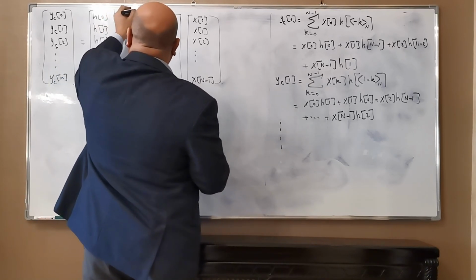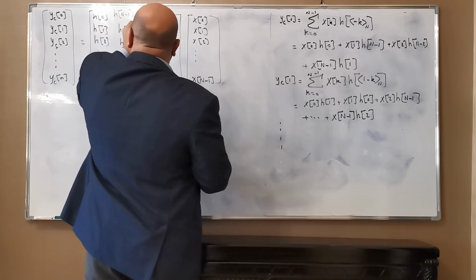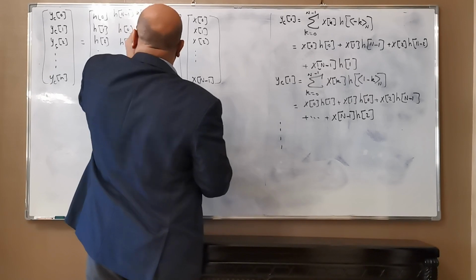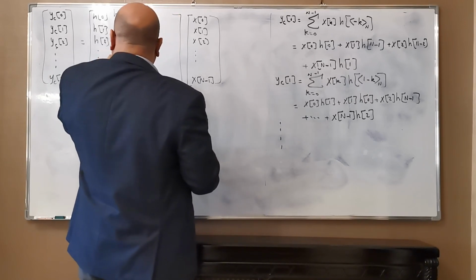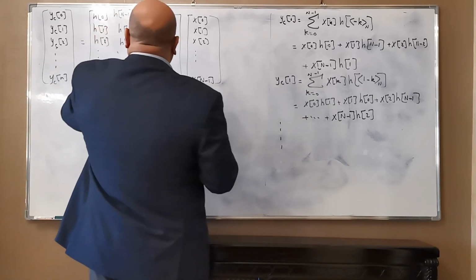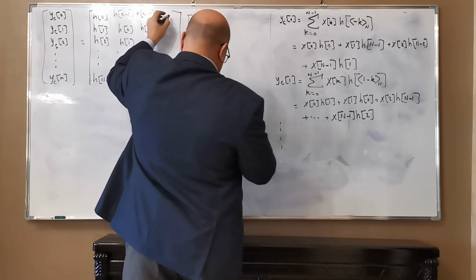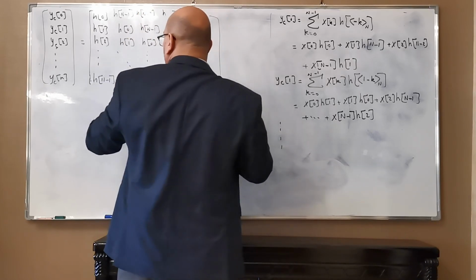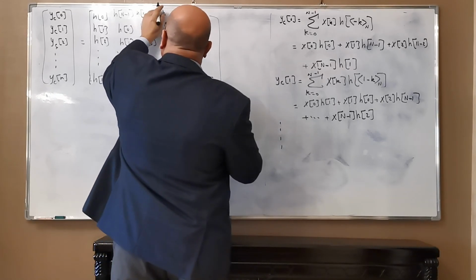The next one goes up: h of n minus 2, h of n minus 1, h of 0, and so on.